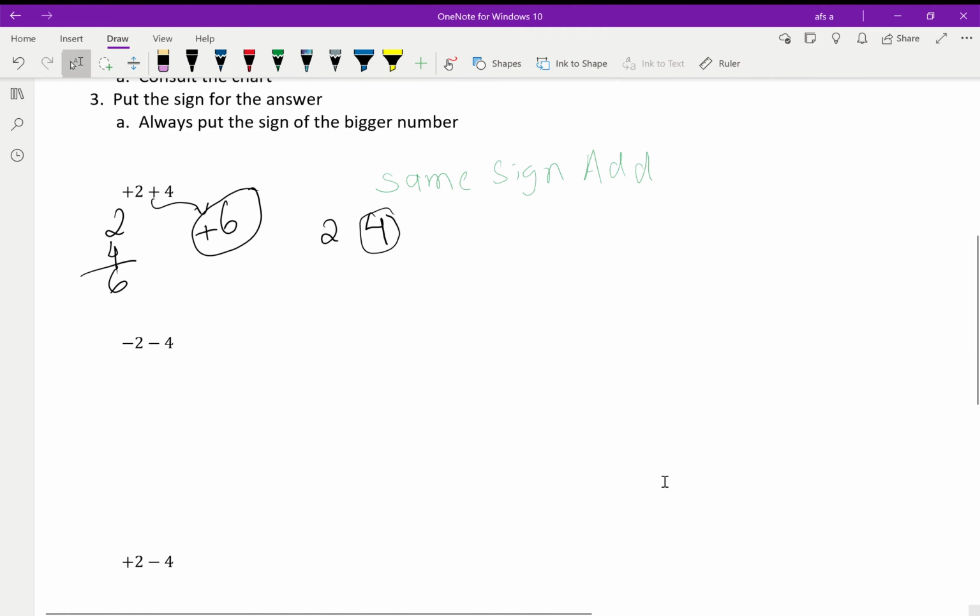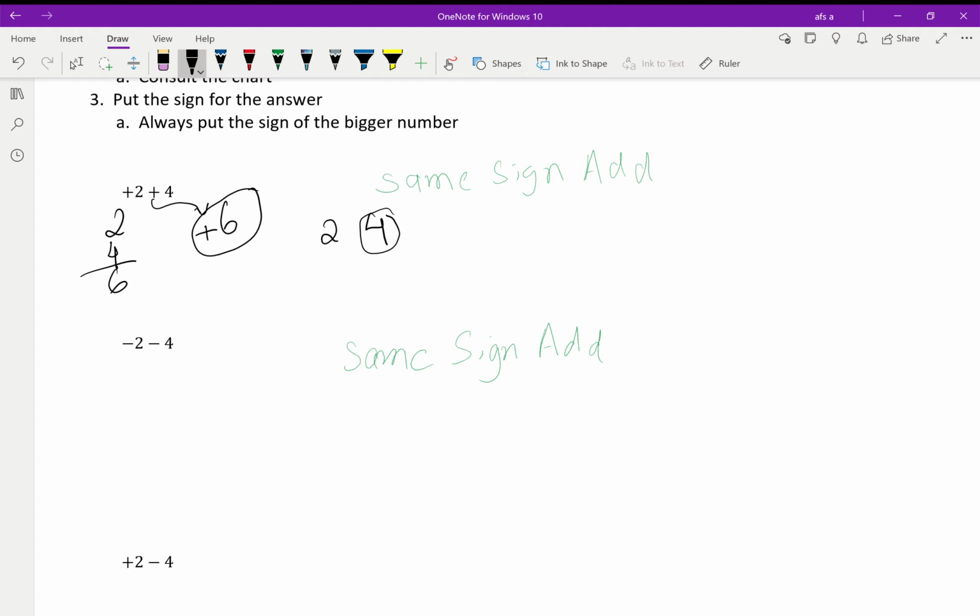Now let's look at another example. You're talking about negative 2 minus 4. The first thing we need to decide is, should you add or subtract the given numbers? If you notice in the examples I'm giving you here, each number has just one sign, because we want to make our life simpler and make sure each number only has one sign before we start adding and subtracting.